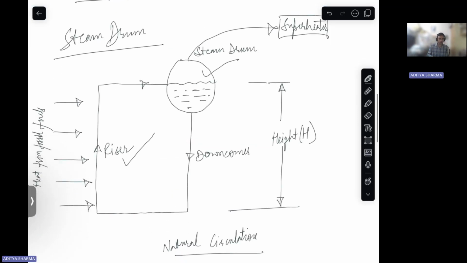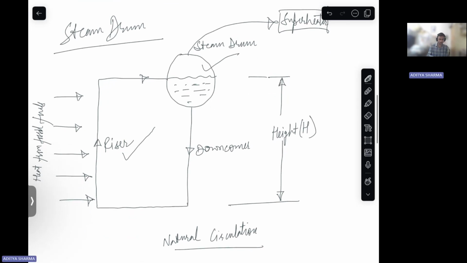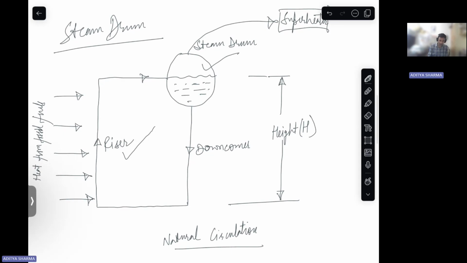So I hope downcomer and riser is clear, right? Also, the densities in your downcomer and riser are different. So downcomer has high density, obviously, right? Because it's mostly in liquid state, but riser has low density, right?